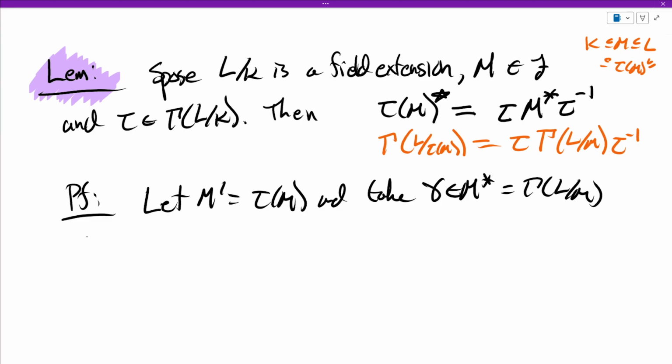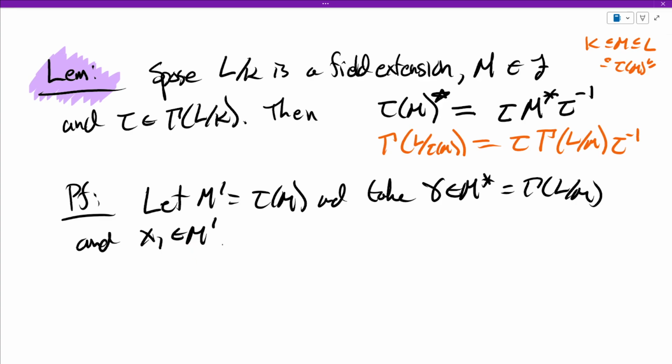So take gamma there, and let's take some x1 in M prime. M prime is tau of M. What we want to show is that tau gamma tau inverse should fix x1, because x1 is in tau of M, and if tau gamma tau inverse is an automorphism of L that fixes tau of M, it should fix this x1 in tau of M.